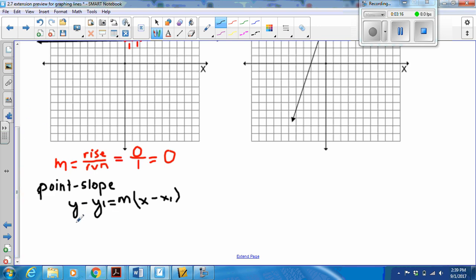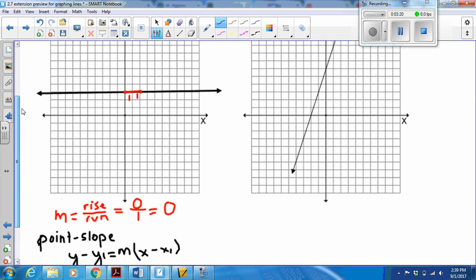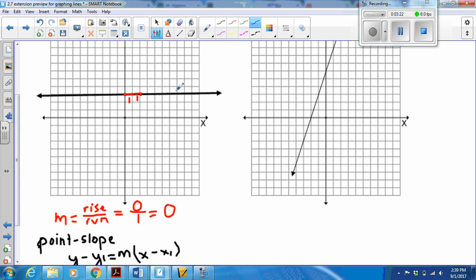Now in this case, what we have to do is use a point from our line. It does not matter which point you use. You can use any point that is on this line. I'm going to pick this point right here, the one in the blue.